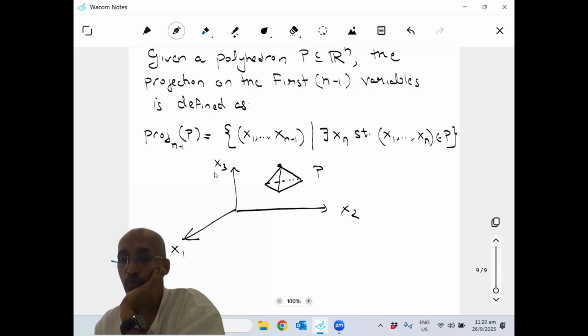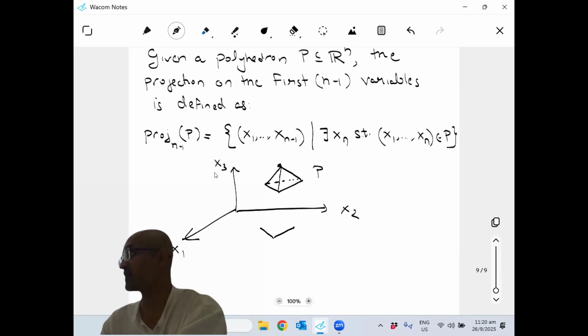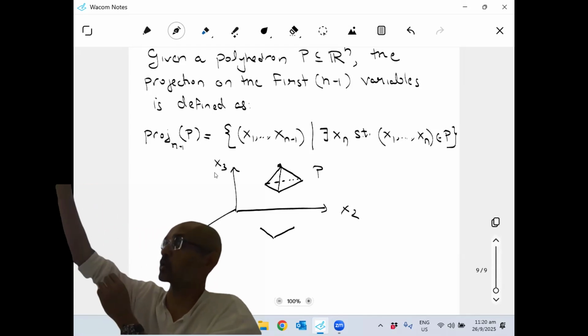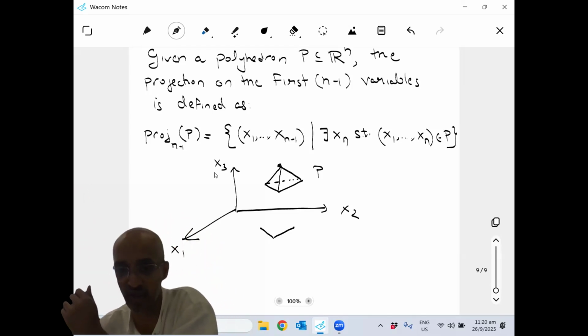Okay. I want to project this set down onto the first two coordinates, x1, x2. How will it look? This triangular base, so this part will remain the same. This part will remain the same. This triangular base, the third side of the triangle at the base, if I've got this point going out a little bit, when I project it down, that point actually will take this out a little bit.